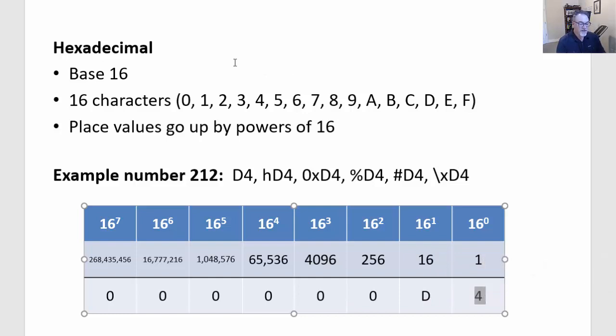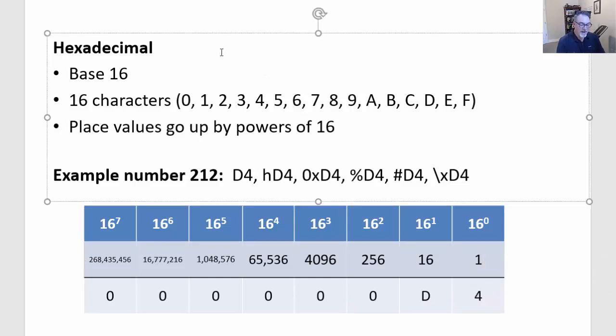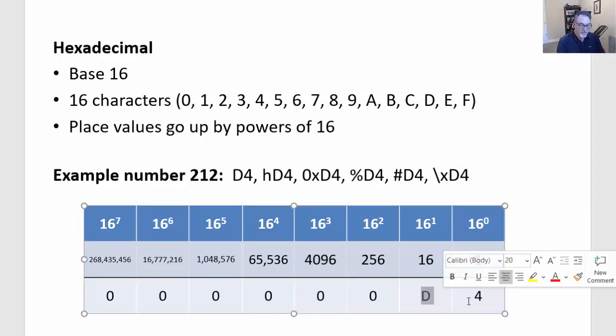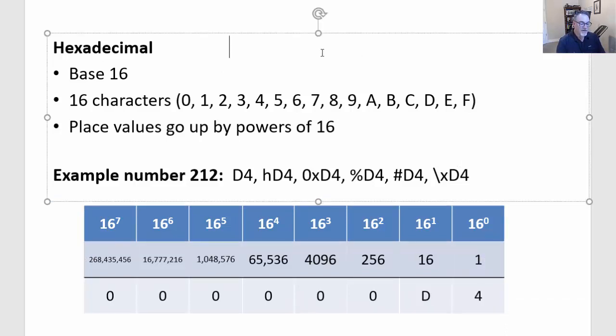In other words, if I break up the binary into 2 places, then I could say D is 13, and 13 in binary is an 8, a 4, a 0, and a 1. So that's the same as 13, which is the same as a D. And then the 4 here in binary would be 0, 1, 0, 0.